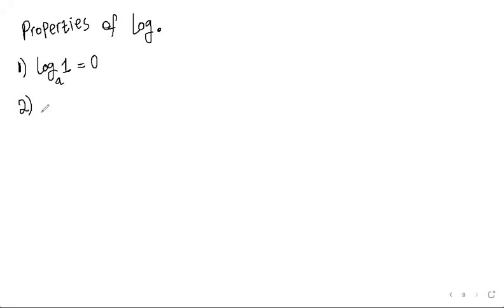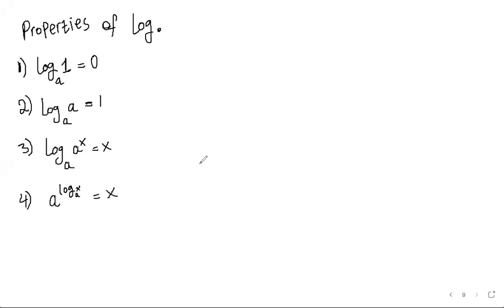Second, logarithm of a to the base a is equal to 1. Number 3, logarithm of a to the x to the base a is equal to x. Number 4, a to the logarithm of x to the base a is equal to x. These are the properties of logarithm.